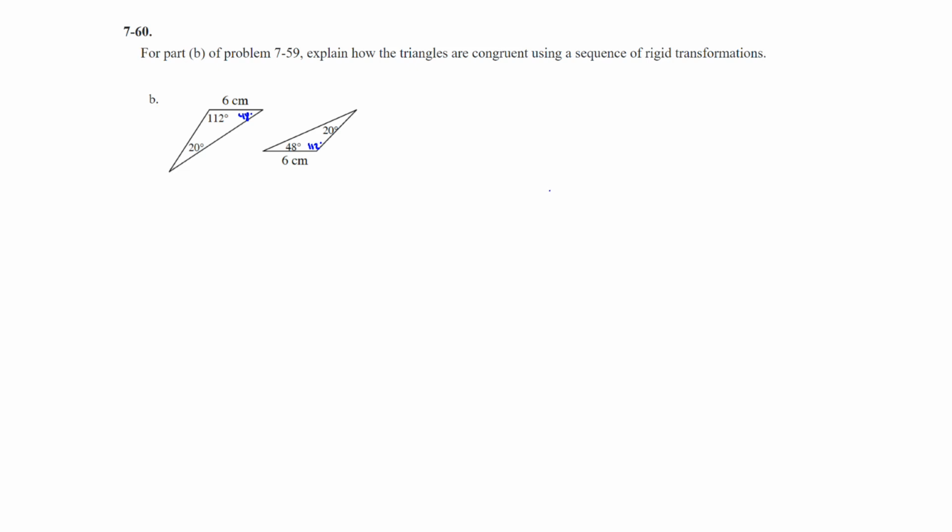It does appear on this one, I think, that we could take this triangle and rotate it clockwise, and that would kind of move the 48 over here to the other one, and then you could just translate it to match it up with that triangle. So I would say a rotation followed by a translation.